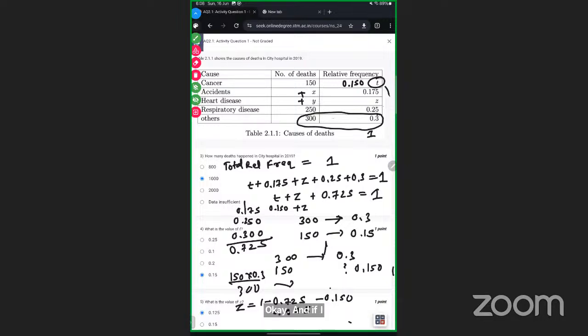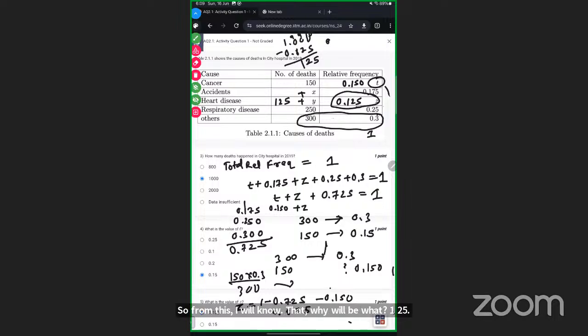If I subtract, 1.000 minus 0.875 gives 0.125. So z is 0.125. From this, I will know what y will be: 125.